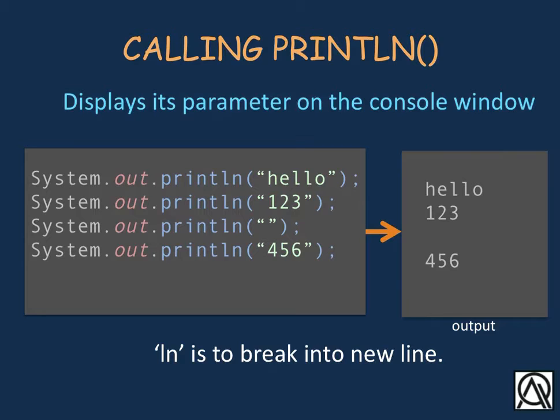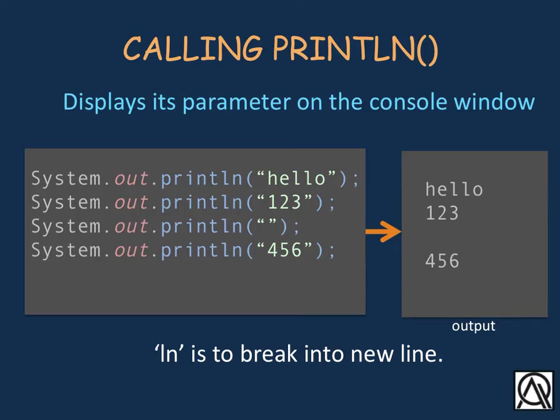Let's look at this Java code. It ends with semicolon, so it is a statement. So we say system.out.println, and between parentheses we write this string. Right now, forget about system.out. Let's talk about println and the string.